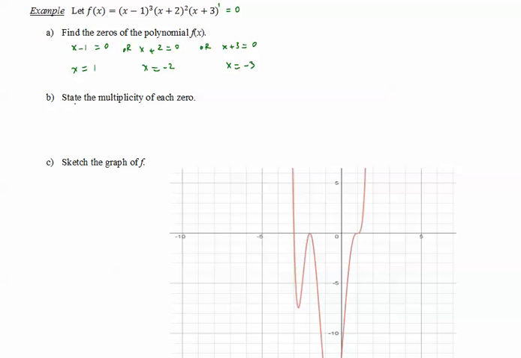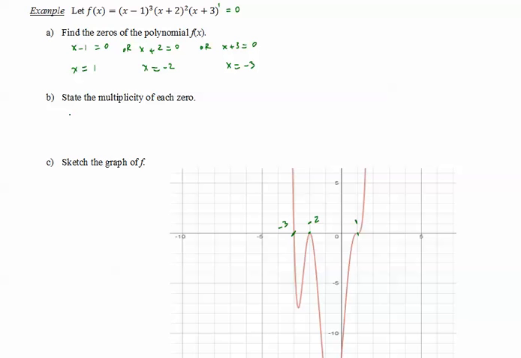And here it says to state the multiplicity of each zero. The smallest number is negative 3, which is here. I have it graphed, negative 3, just to illustrate. The next one is negative 2, and then I have a 1.